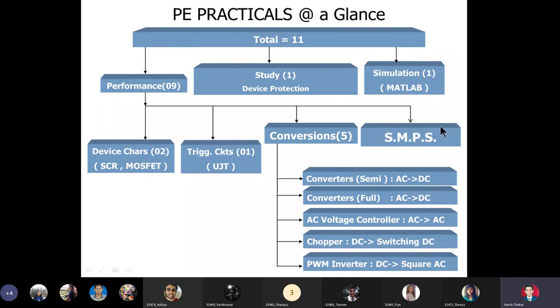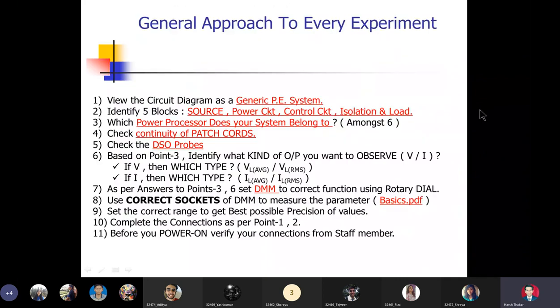So now, having understood the breakup of all 11 experiments prescribed in University of Pune, we are at an important step, that is general approach to every experiment. So no matter which experiment you are performing in the lab, you have to go through these 11 steps. First is view the circuit diagram printed on the kit as a generic PE system.